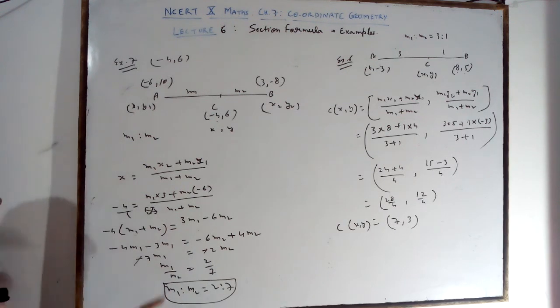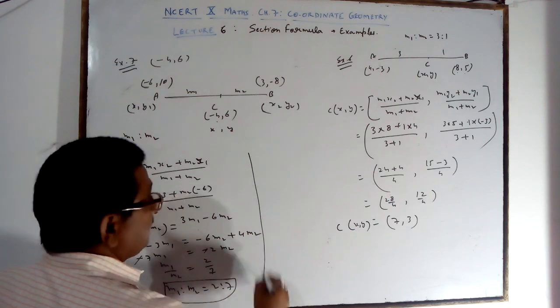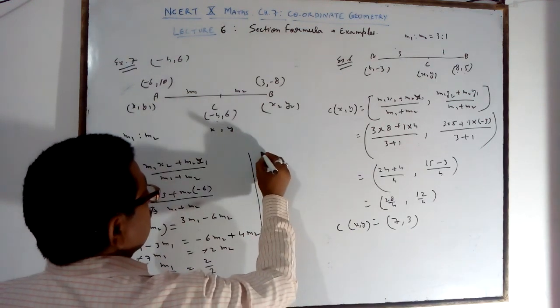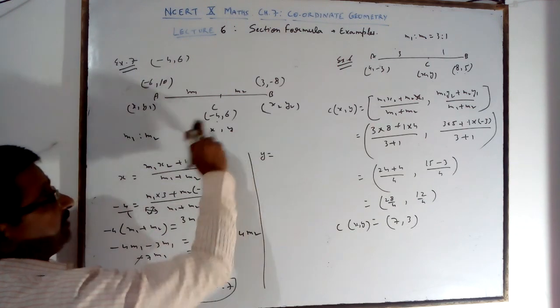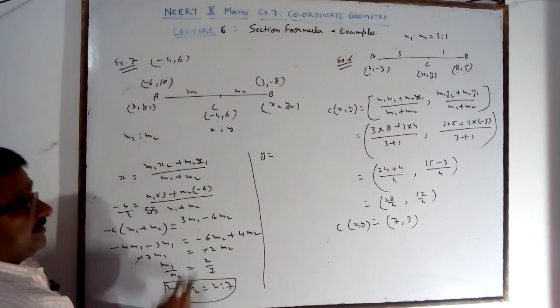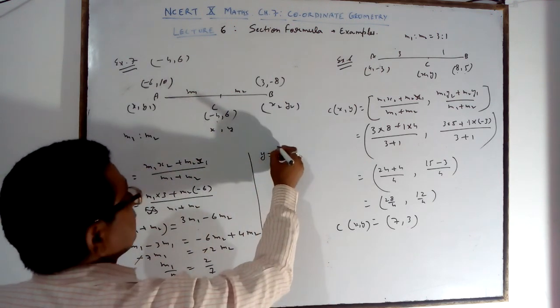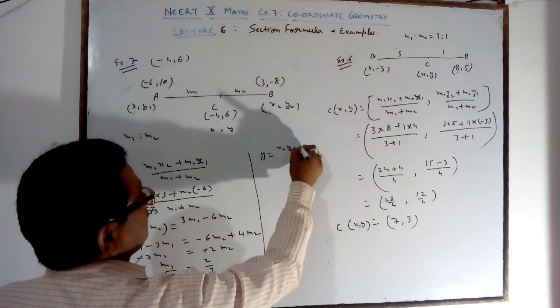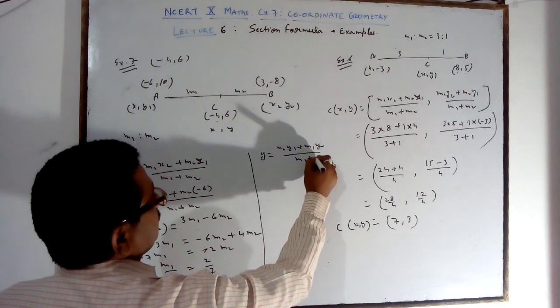But whether it is true or not must be checked. Calculate y using this and verify it is correct, because here 6 is given and you check whether 6 comes. Y is m2 y1 plus m1 y2 upon m1 plus m2.